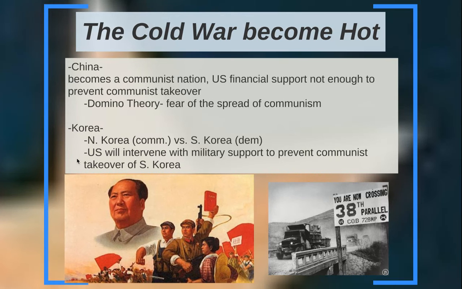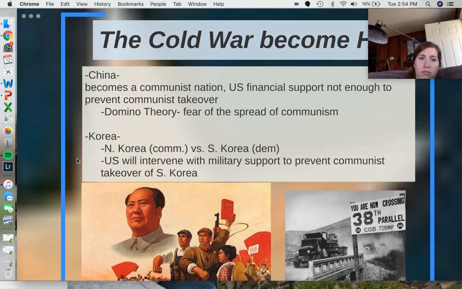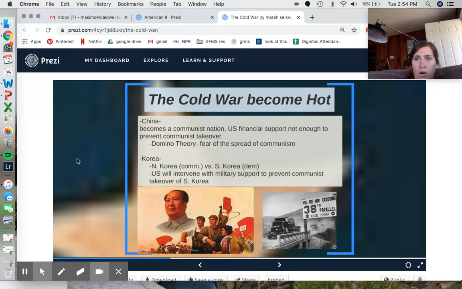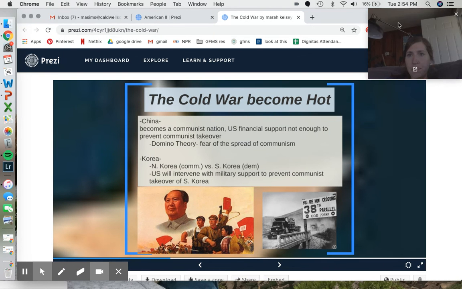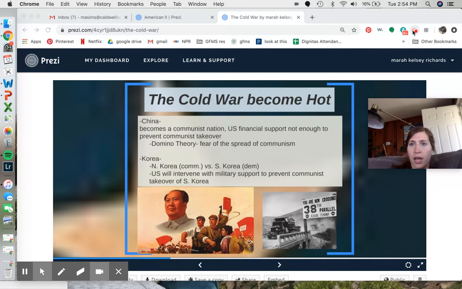That is why North Korea is still communist today. Okay, so a lot of the things that we're going to learn about in the Cold War is still very, very, very relevant today. Okay, and we'll talk more about the Korean War next time.